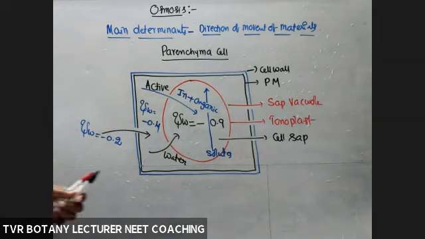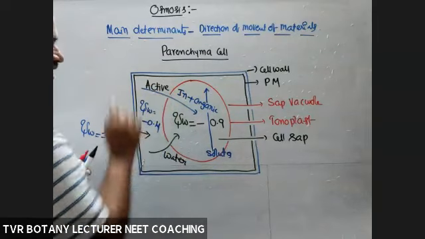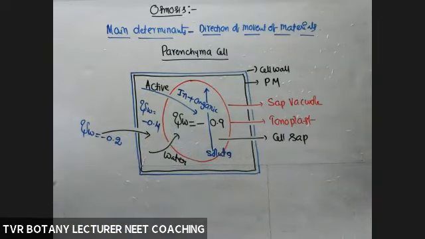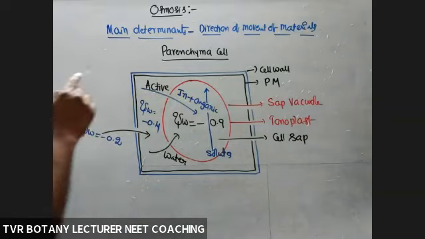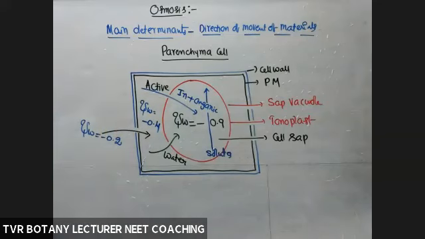So here, the cell membrane and tonoplast are the main determinants. They are able to decide the direction of movement of molecules. Okay, right? So this knowledge is very, very important to understand osmosis and the direction of movement of water between two cells.